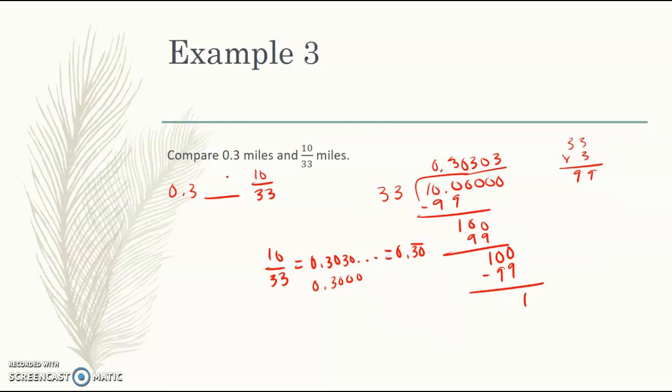So the 10/33 is greater than 0.3 miles. It's not much greater, but it is still greater. So 10/33 miles is greater than our 0.3 miles. And that's comparing decimals. In case you forgot how to compare terminating decimals with others, make sure you just put zeros until you have the same number of decimal places. So see you in our next video.